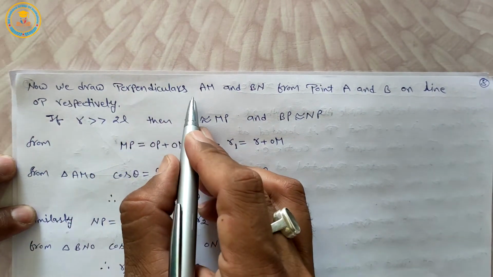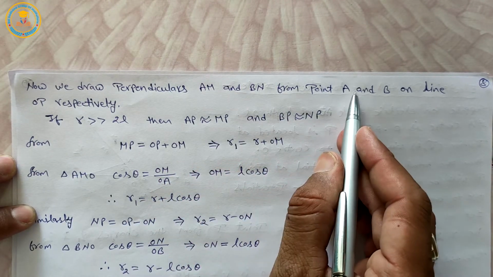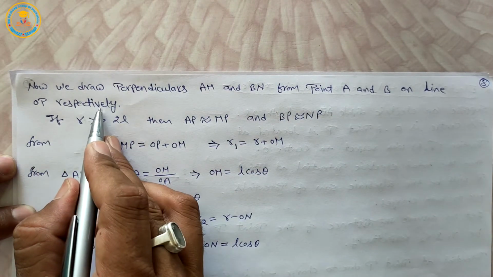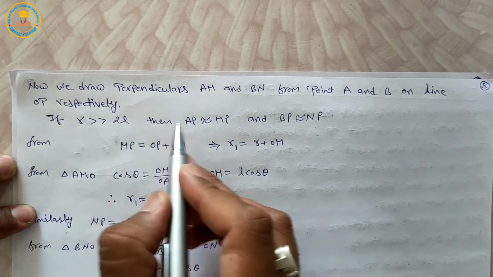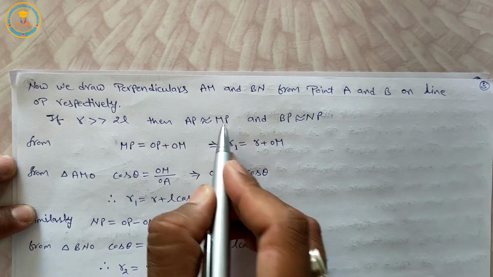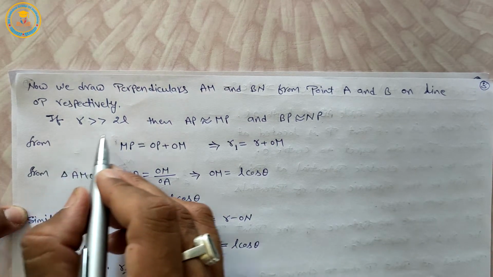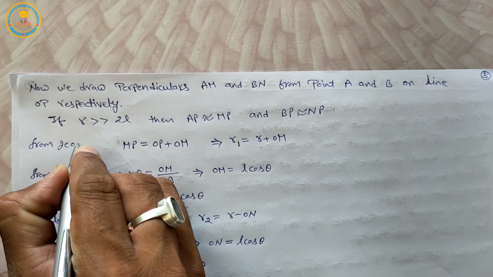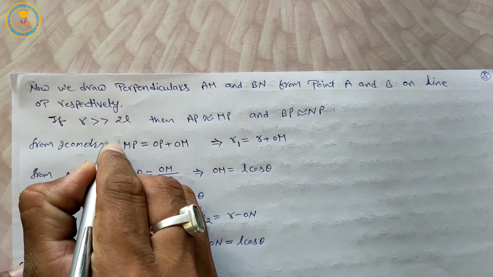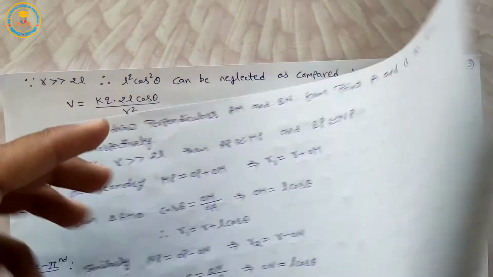Now we draw perpendiculars AM and BN from points A and B on line OP respectively. If r is much greater than 2L, then AP approximates to MP and BP approximates to NP. From geometry, MP is equal to OP plus OM.